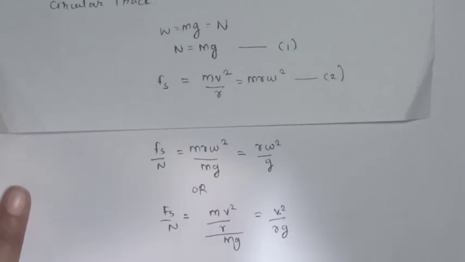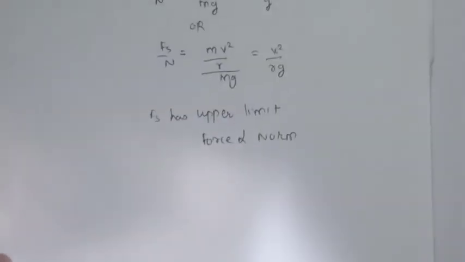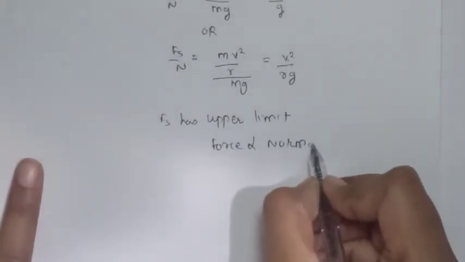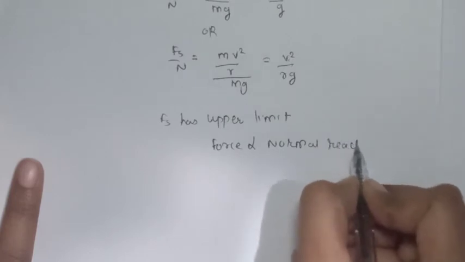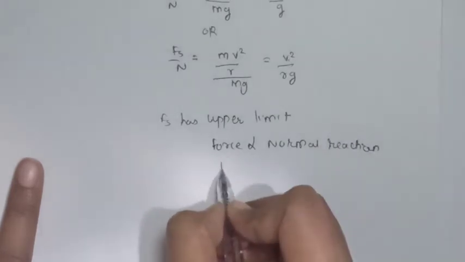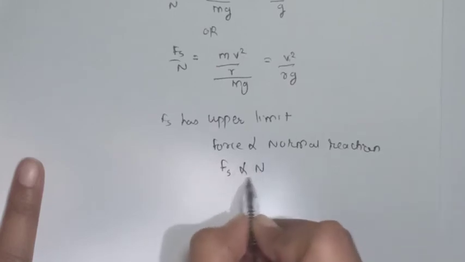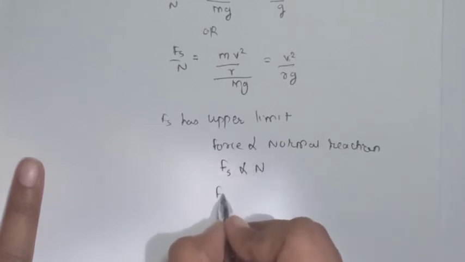So as you know, force is directly proportional to normal reaction. It will be given by Fs is directly proportional to N. Whenever there is a proportionality sign, it will be replaced by a constant.